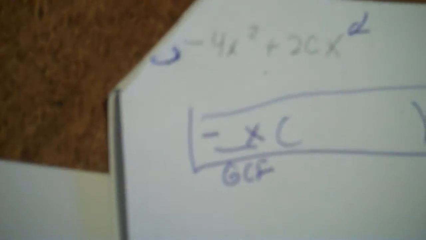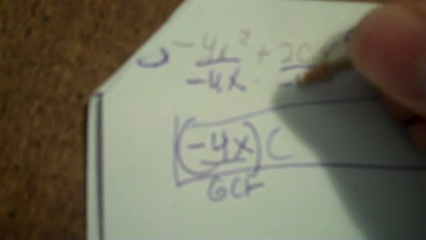Okay, next: negative 4x to the second plus 20x. GCF, so you got the variable. Now you have a negative sign, so you insert a negative right there. And now you look at 4 and 20. Here's 4 and here's 20, so it'd be in row 4.